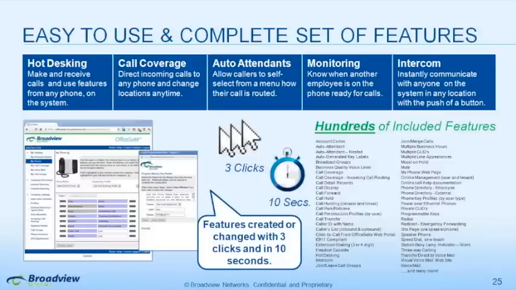It allows you to create your own menu so people can say, press 1 to go to my cell phone, for example. You don't have to give your cell phone number out, but they can go to the cell phone directly. Press 0 to get back to the front desk. Press 3 for collections. Any way that you want to build the system, you can use that auto attendant to do that. And then, of course, you've got monitoring and intercom.